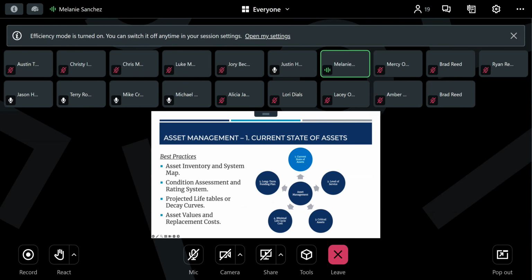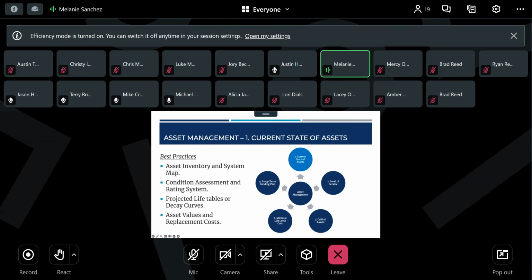So to achieve the comprehensive understanding, we need to integrate data from various sources, such as work order records, maintenance records, billing records, construction records, and utilizing GIS, GPS mapping helps to pinpoint asset locations very accurately, and flow analysis gives us insights to asset performance, and risk-based condition assessment is pretty crucial as well.